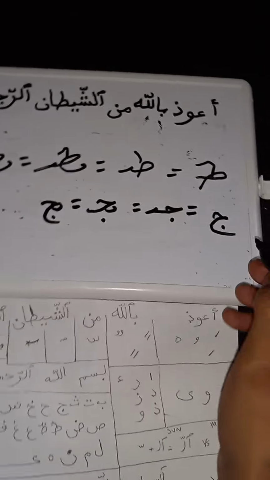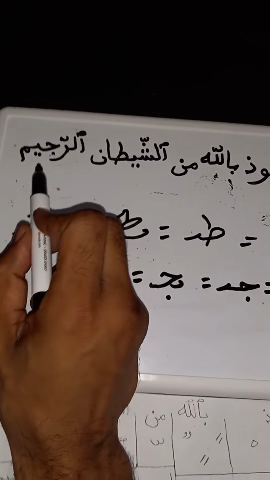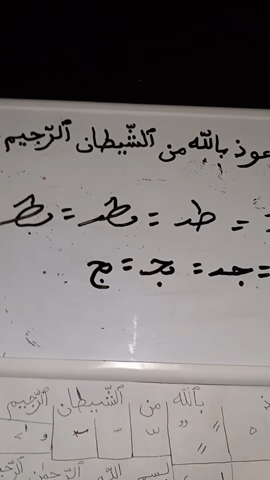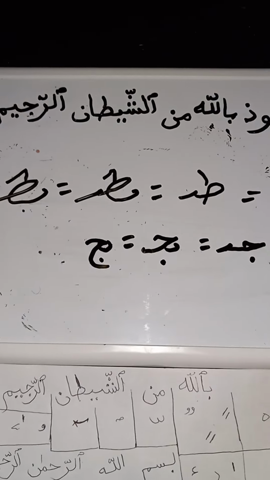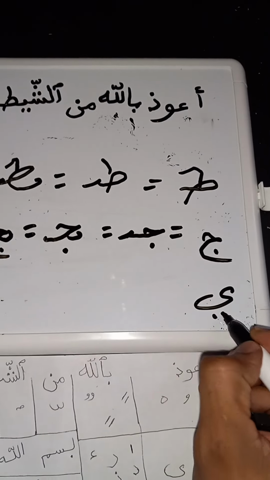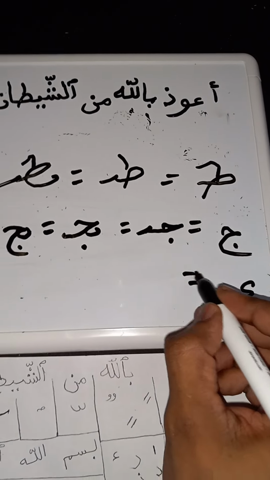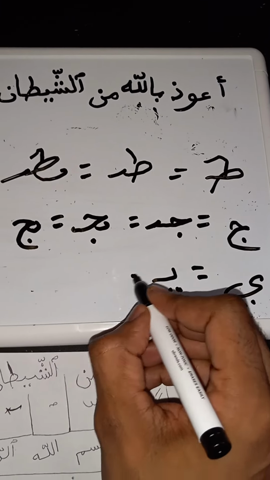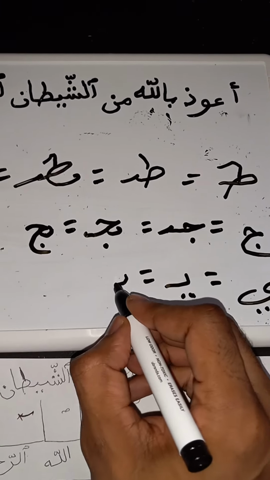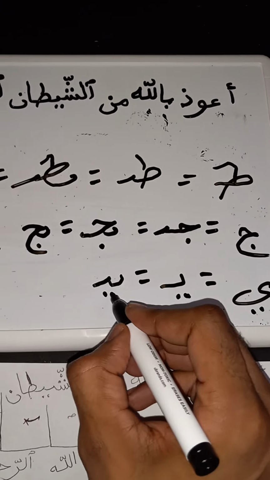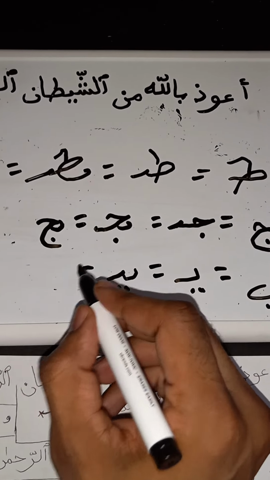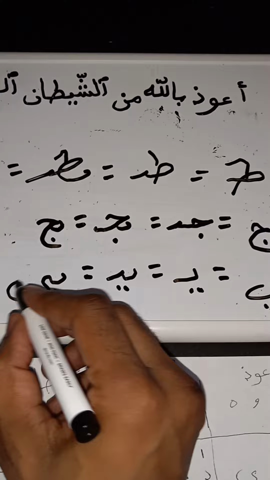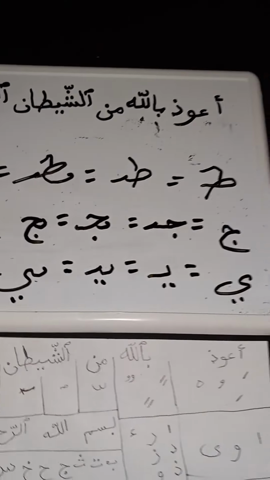Right. Now, the next letter is this guy here, the two dots on the bottom, which is a ya. This letter at the beginning, two dots on the bottom, in the middle, like that, and at the end, yeah, it would look like so.